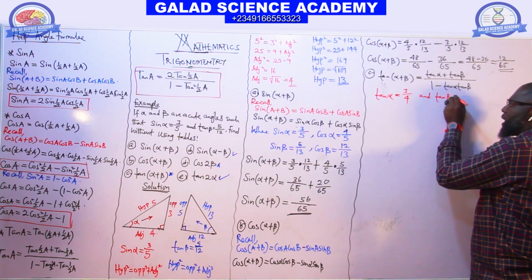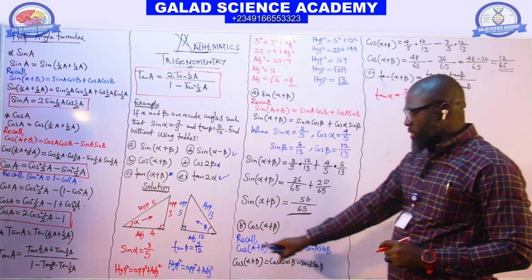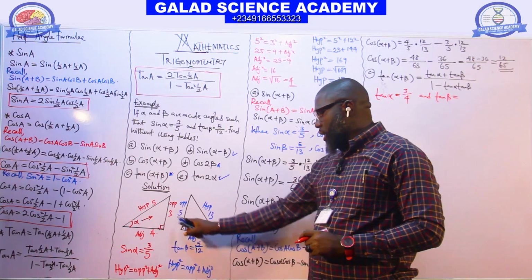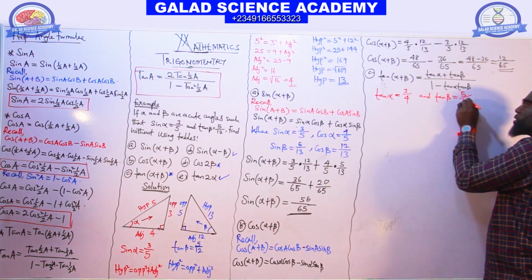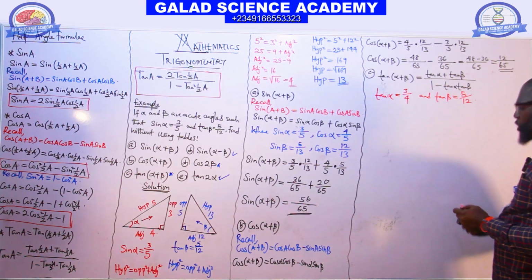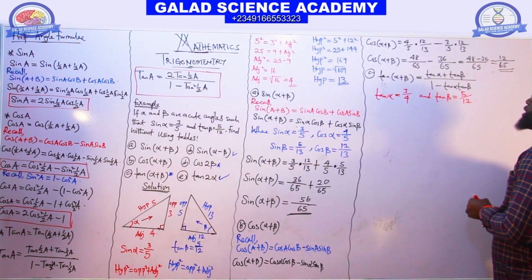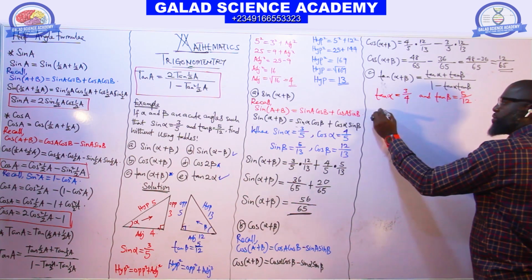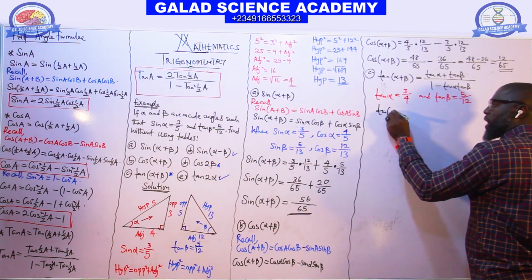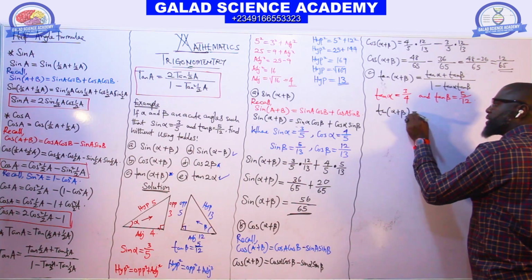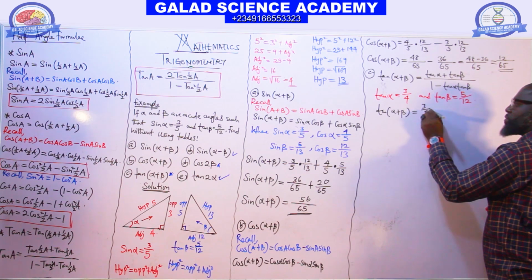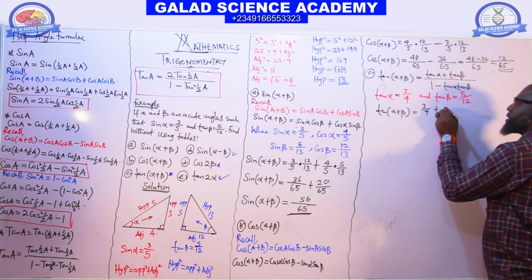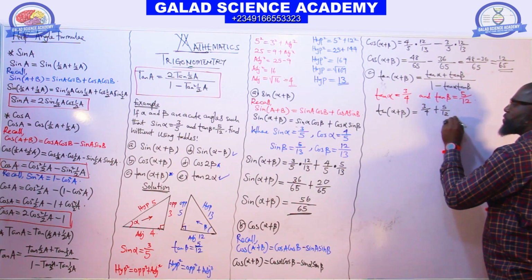Tan beta here is 5/12, which is 5 over 12. Then substitute each value there. You will now have tan alpha plus tan beta. Tan alpha is 3/4 plus tan beta is 5 over 12.